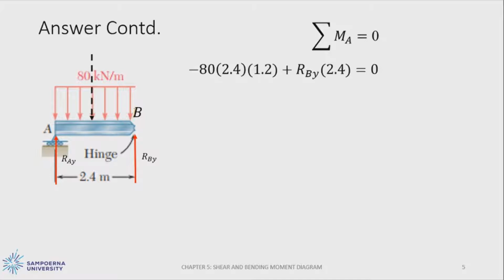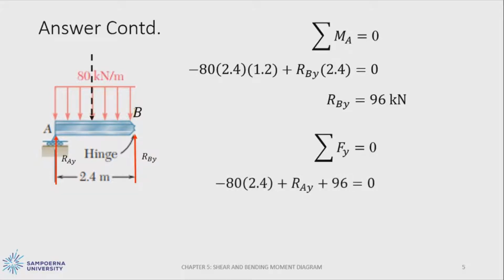Then we can obtain the reaction forces at B and Y direction, and it is equal to 96 kilonewton. After obtaining the B, we can use the sigma forces at Y direction is equal to 0. And we will get RA in Y direction is equal to 96 kilonewton.